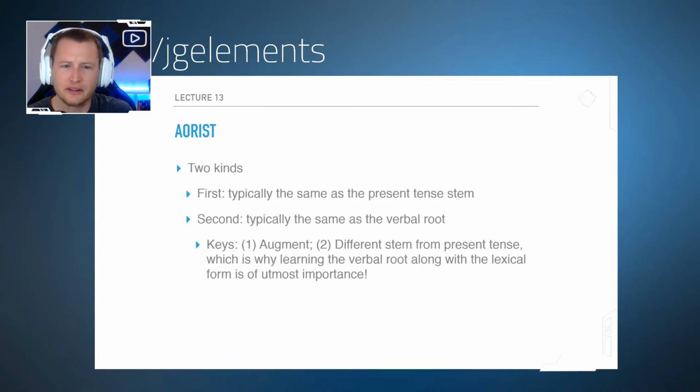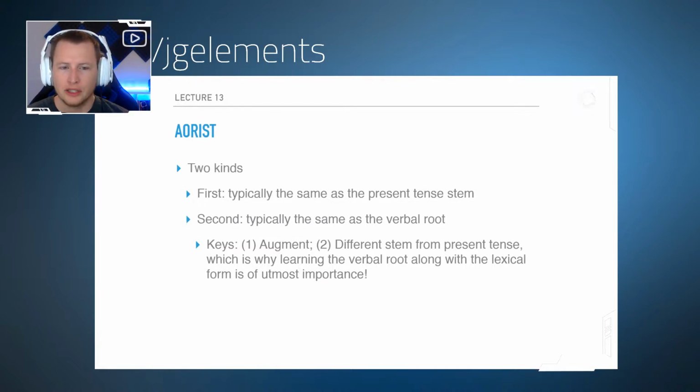Now, the second aorist is typically the same as the verbal root, right? We saw that with the future tense. So when that happens, it looks funny, looks different than what you're used to. This is why you need to be memorizing the root along with the first singular present active indicative, the lexical form, okay?